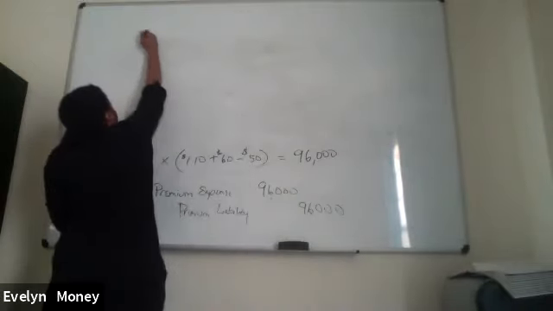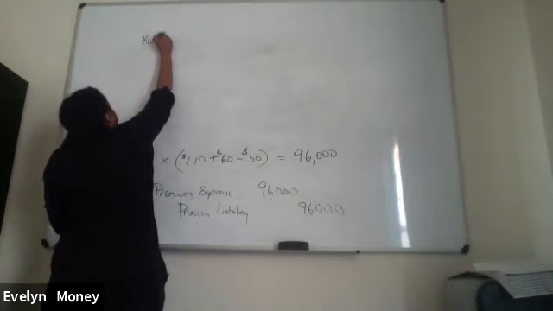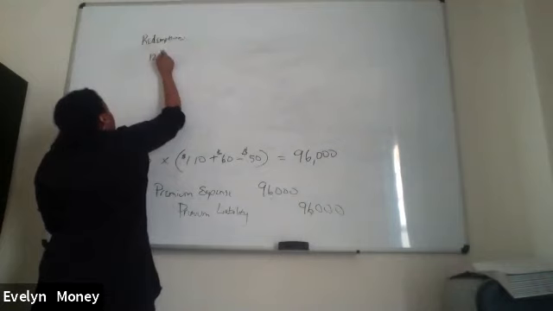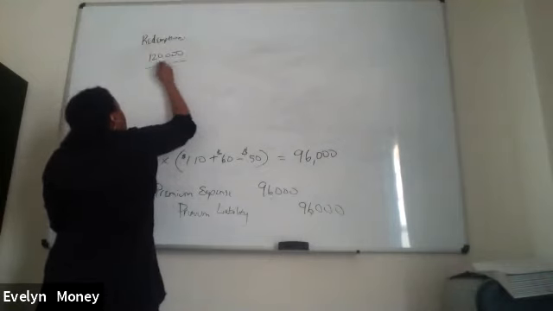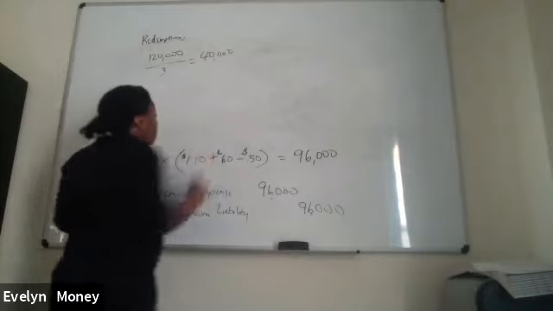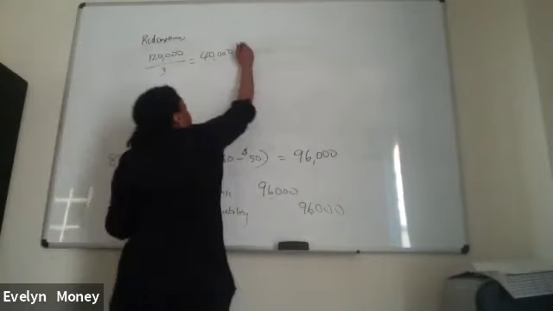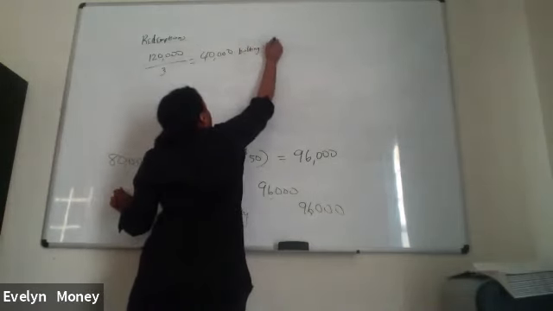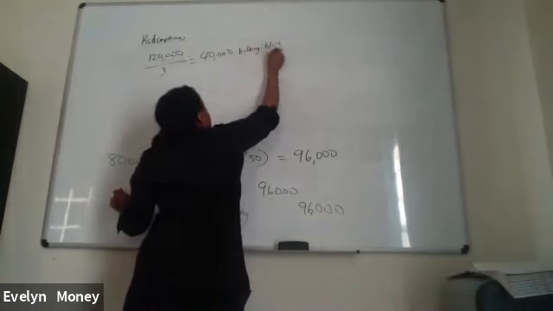So for the redemptions, we're going to take the 120,000 and divide that by 3, and we can determine that that equals 40,000 building block sets.